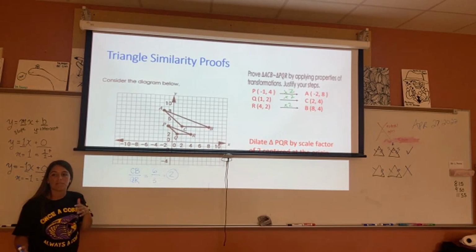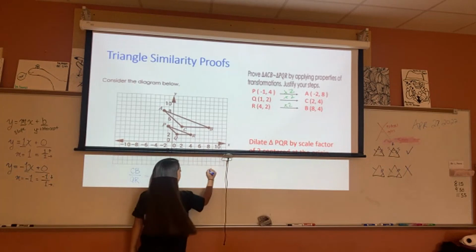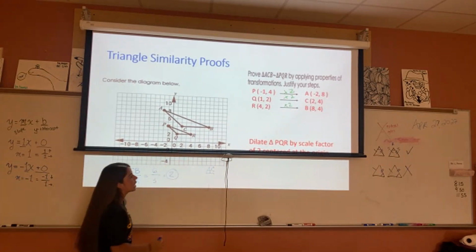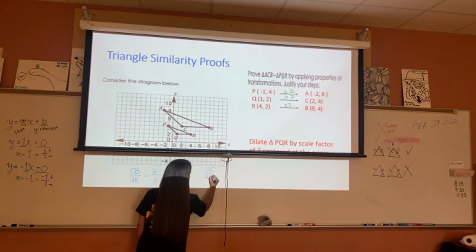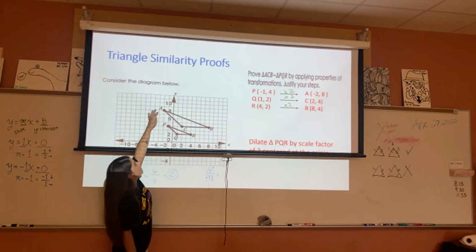If I want to make sure that rule works for all my sides, I pick another side. I'm going to do AC. And I know AC, my first and second, must correspond to PQ. Again, I'm just counting. The length of AC is 1, 2, 3, 4.